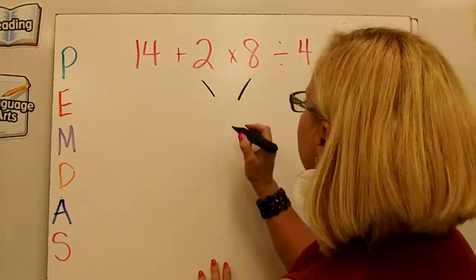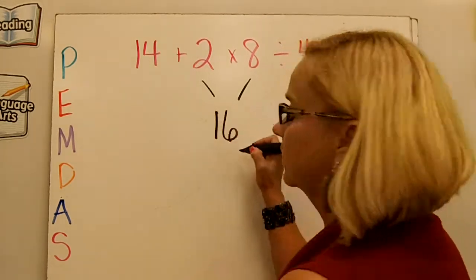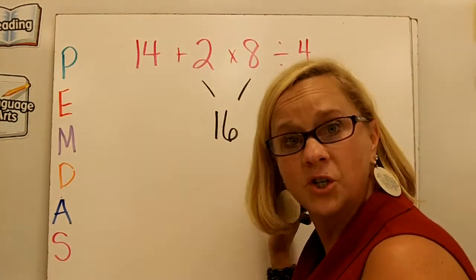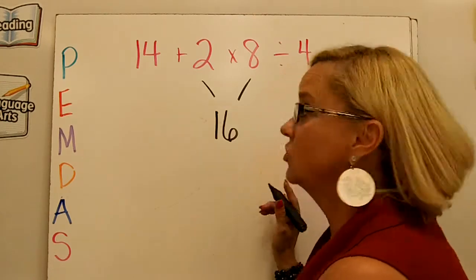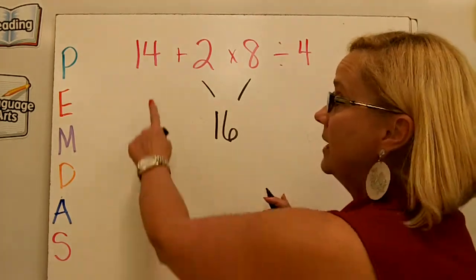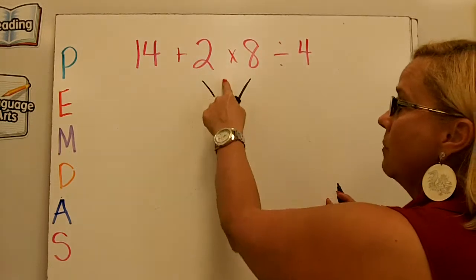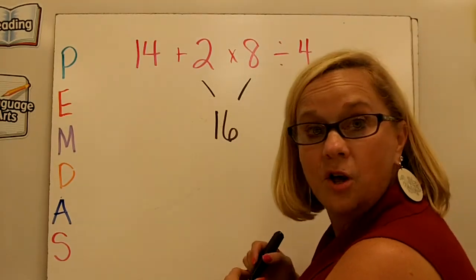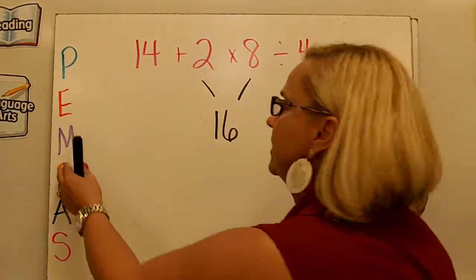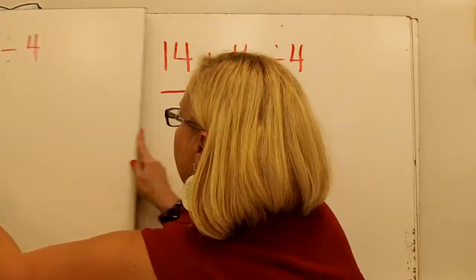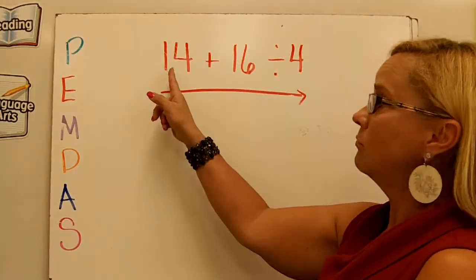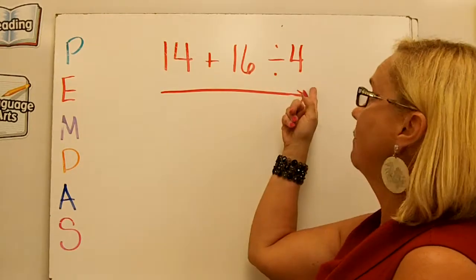2 times 8 is 16. That's the first step that I take in my order of operations to solve this problem. Now, I still have my 14 and I still have my 4, but this is the first part that I solve. All right, so now let's do the second step. Remember I said I had my 14 and I had my 4.